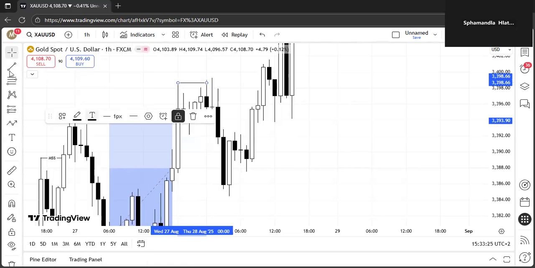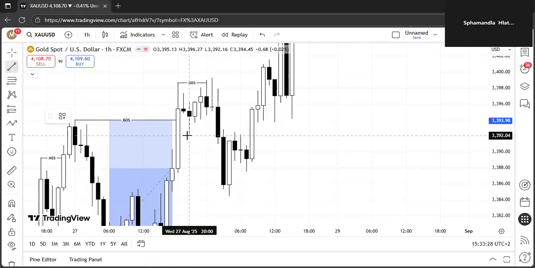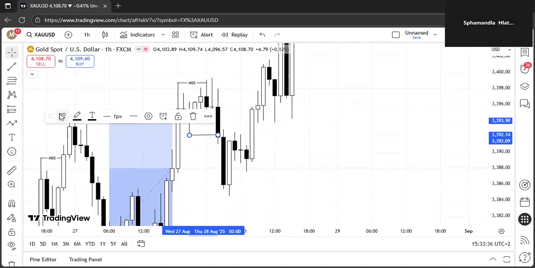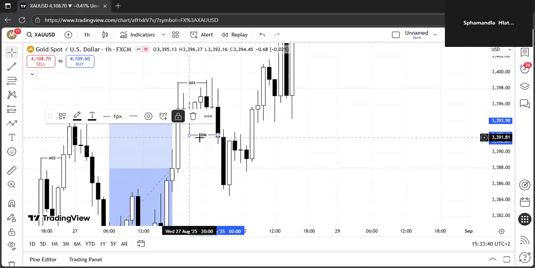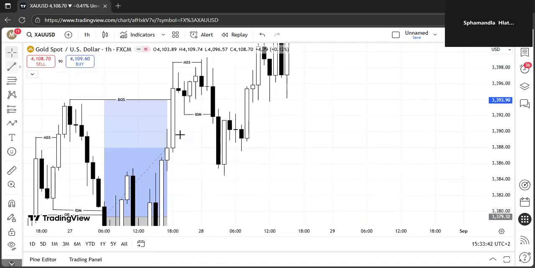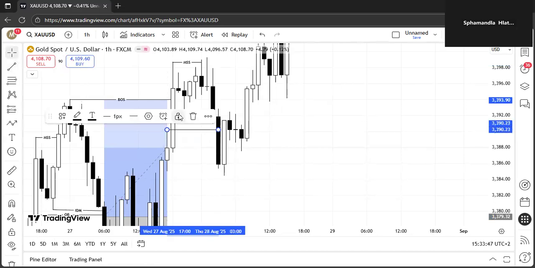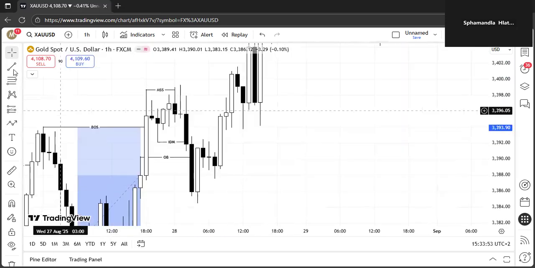Let me just mark this out real quick. This is our endorsement because it was created by the fair value gap. Okay, this is our endorsement, and then we have our OB right here. This one is a high risk trade, as you can tell.